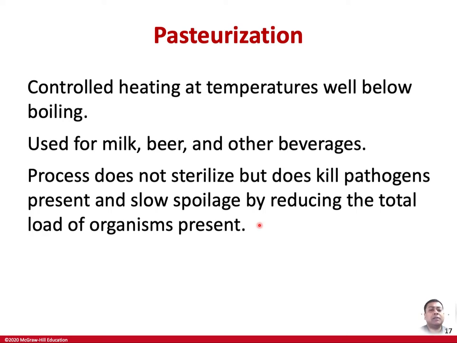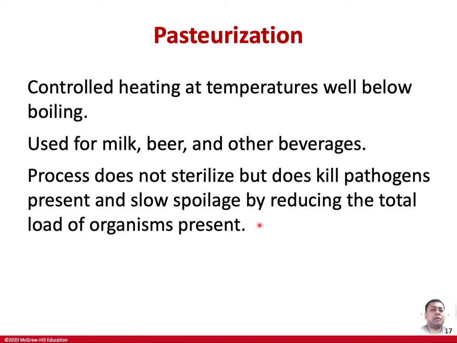There is another process of pasteurization, known as flash pasteurization, where the liquid is passed through a heat exchanger and very rapidly gains the heat and then cools down again. For milk, this is routinely used. You have milk at 4 degrees Celsius.